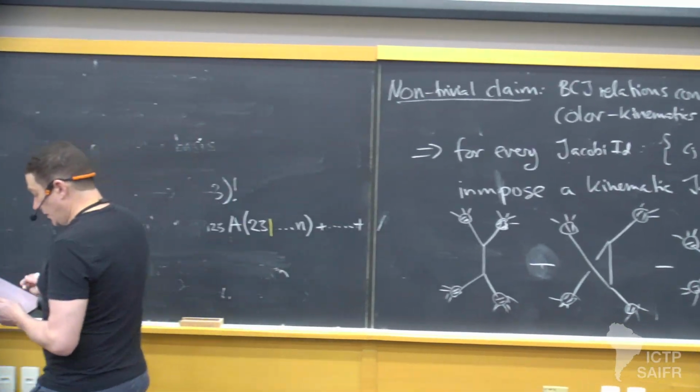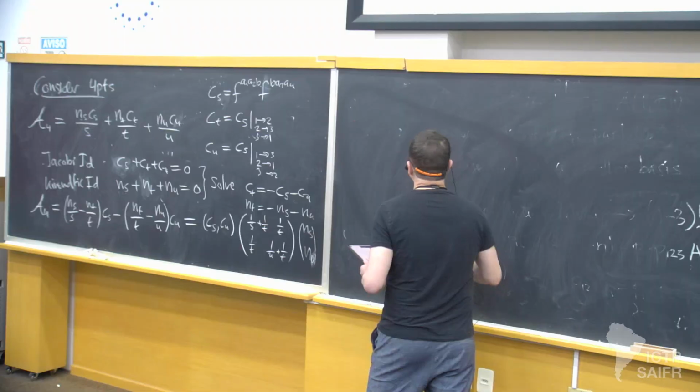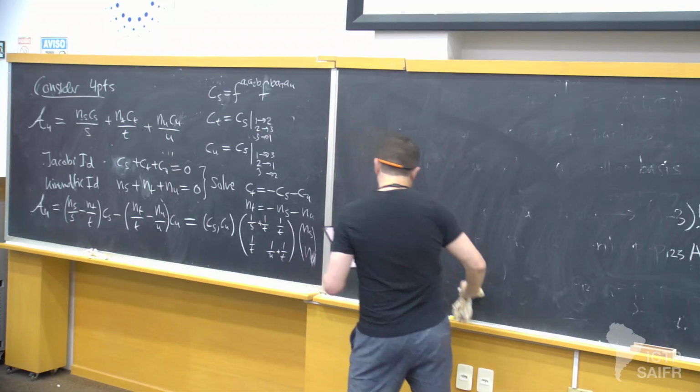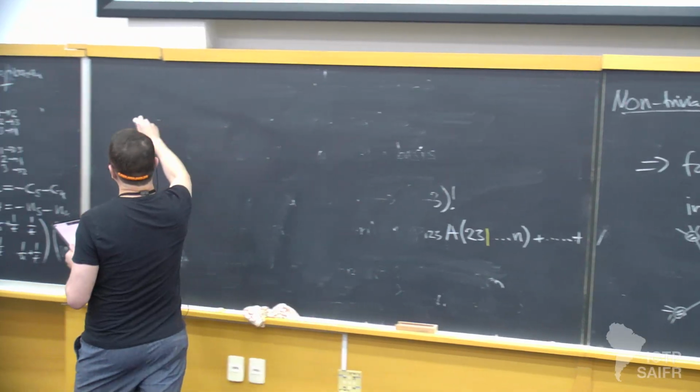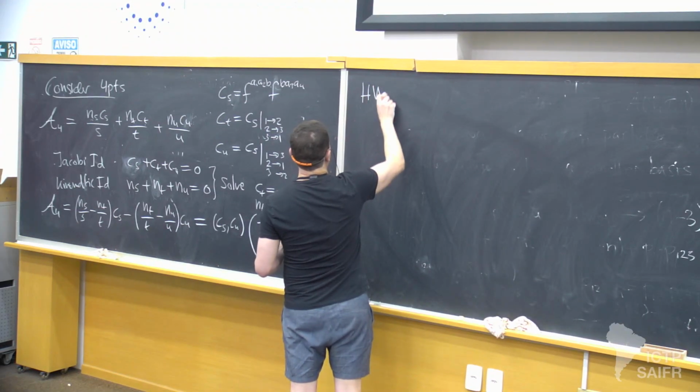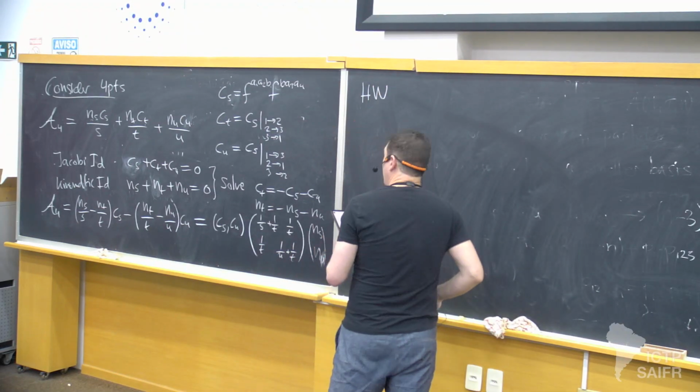Yeah, so essentially what I want to do is I want to turn this into a homework problem. I kind of already did part of it, but let me still say that this is a homework.